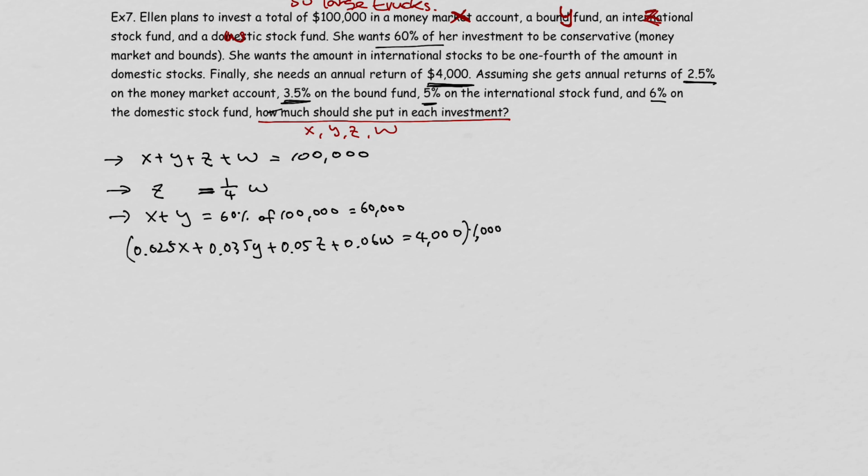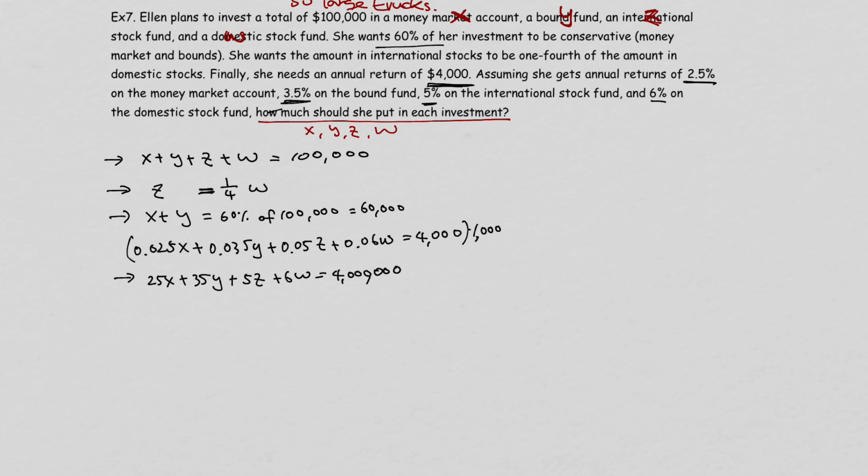So then I get 25x plus 35y plus 50z plus 60w equals 4,000, but when you multiply by 1,000, it gets 3 more 0s. Let's see if we can reduce any further. No, 5, 6, no common factor, so we cannot reduce it. So let's make that the fourth equation.